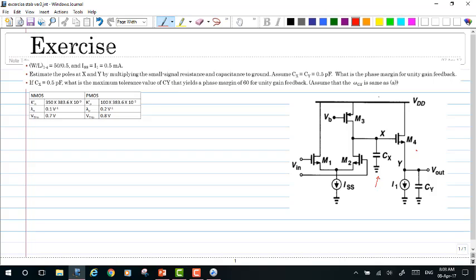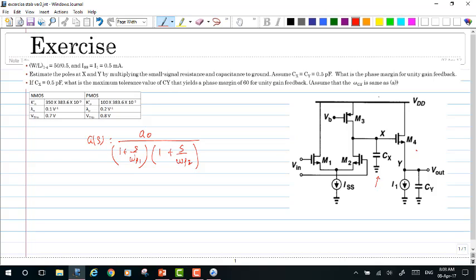What we know is that the open loop transfer function, defined as small a of s, could be written as the DC gain divided by the denominator polynomial representing the system poles, which is 1 plus s by omega p1, where omega p1 represents the pole due to one of the capacitances, times 1 plus s by omega p2, where the pole due to the other capacitance is entered as omega p2.